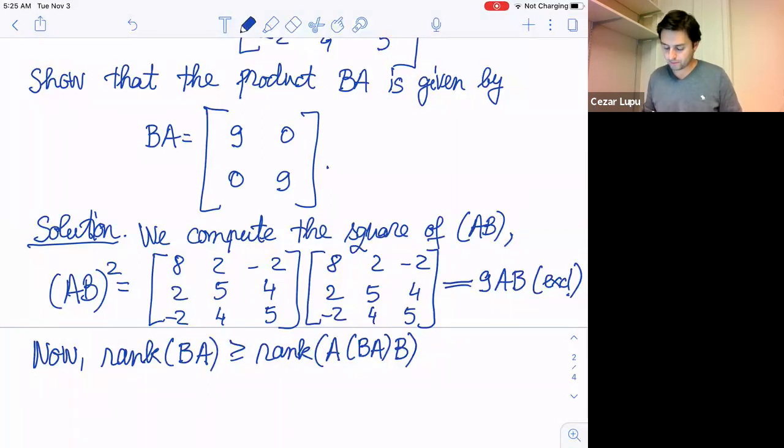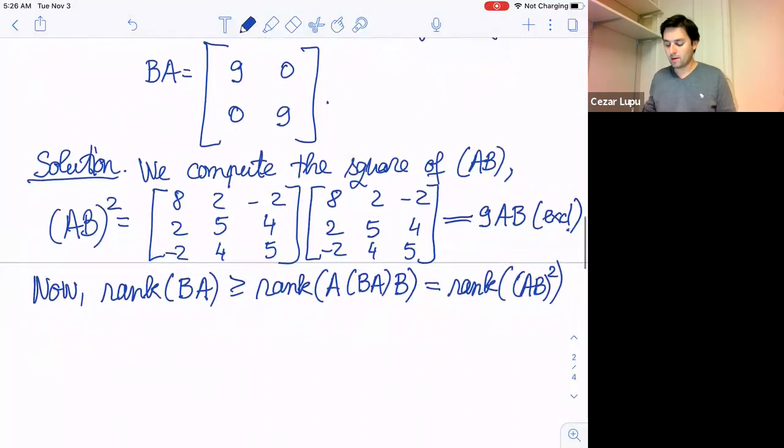So, but what is the rank of this? Well, it's associative here, so you can say this is the rank of AB squared. But you know that this is nothing else than the rank of 9 times AB.